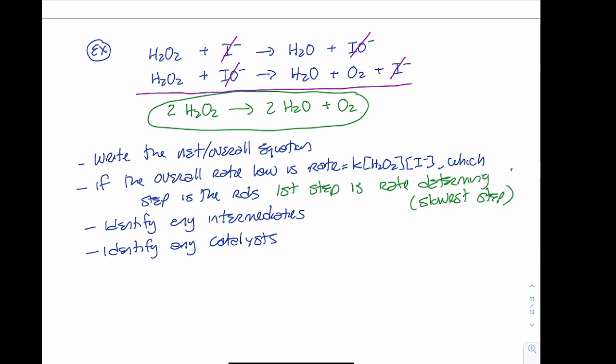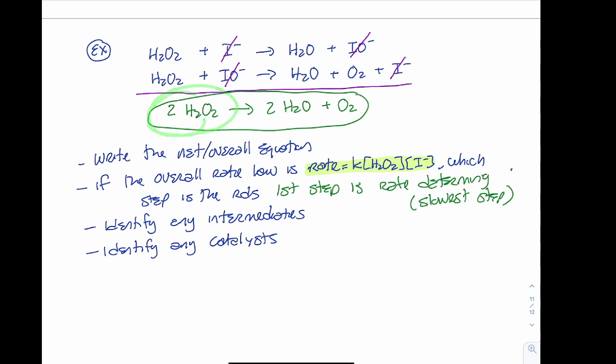So again, just want to make sure everyone's on board, right? You cannot determine the overall rate law by just looking at the overall reaction. If I was to look at this, I have hydrogen peroxide, and I have two of them. If I look at my rate law, let's highlight it here, I have one hydrogen peroxide and I have iodide, and there's no iodide here.